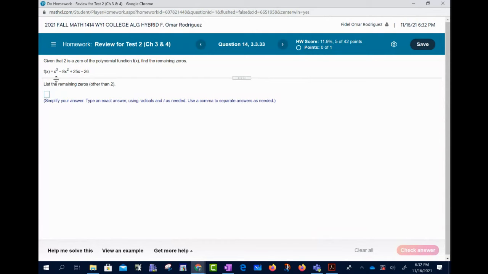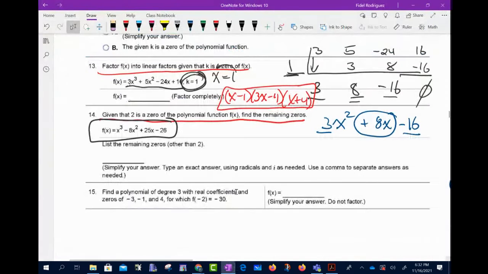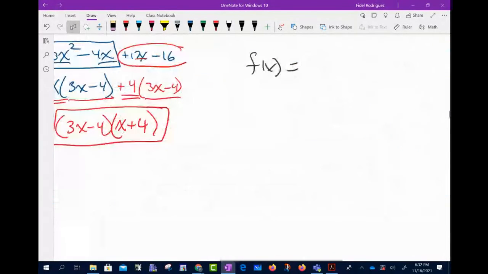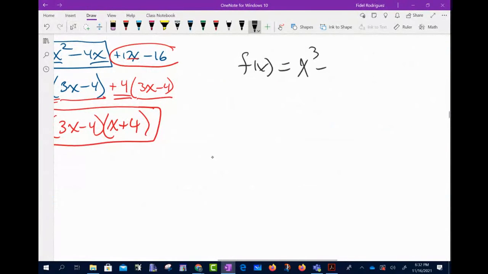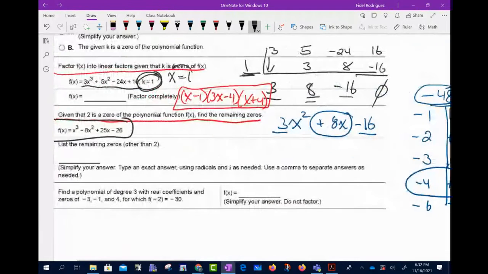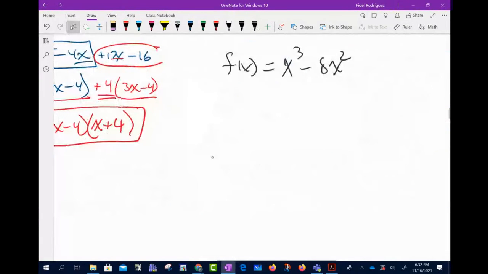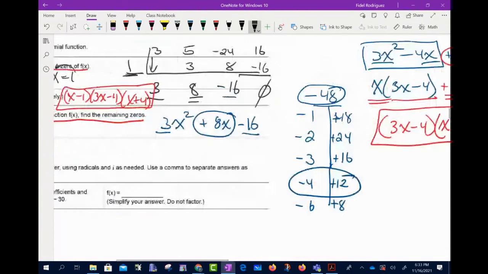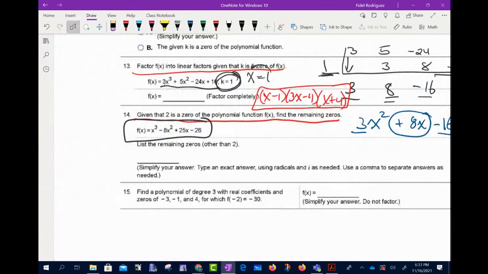All right, so let me go ahead and do the same thing for number 14. So x to the third minus 8x squared plus 25x minus 26. Yeah, same numbers. Okay, and then what do we know for our 0?